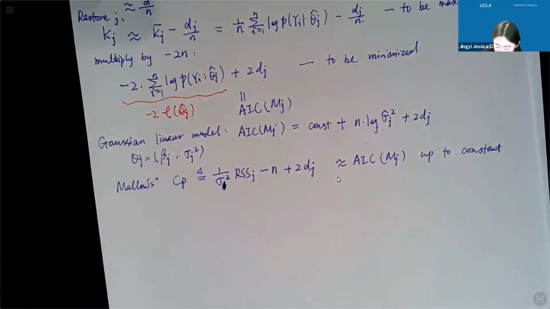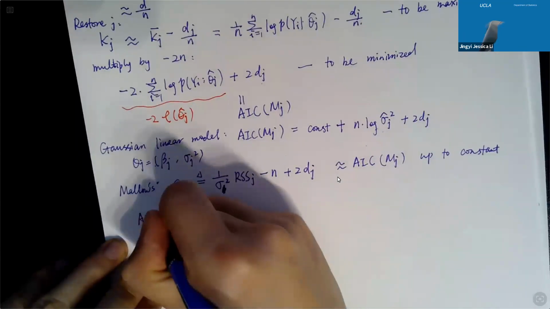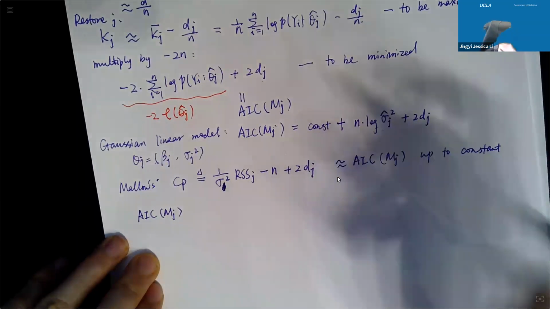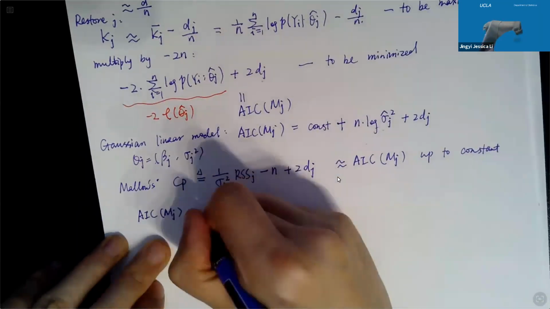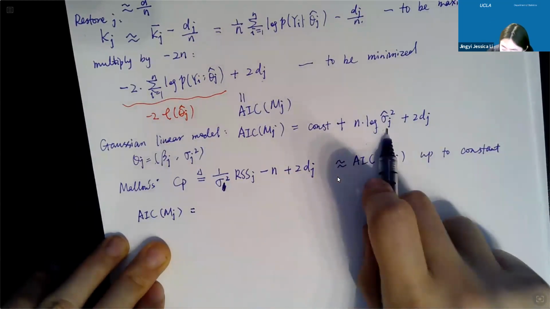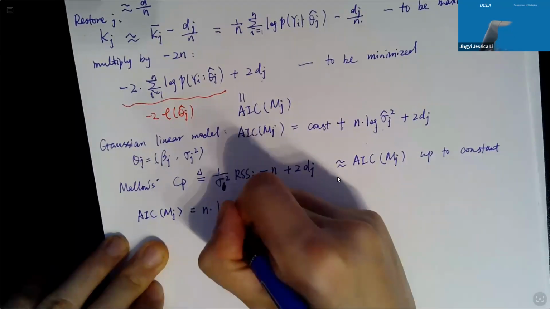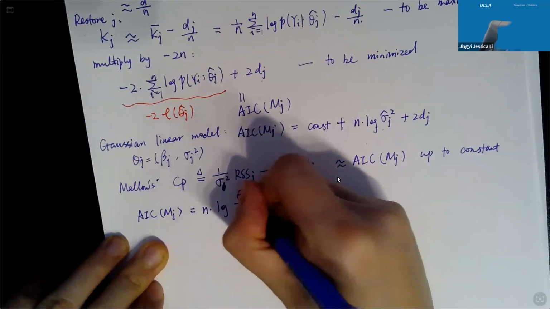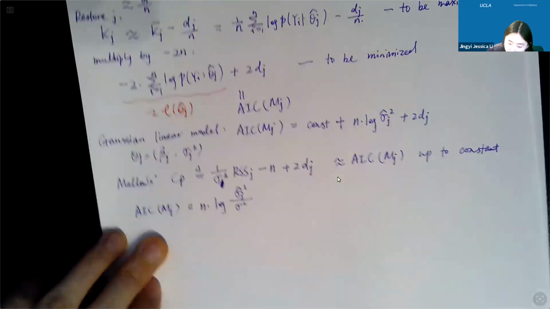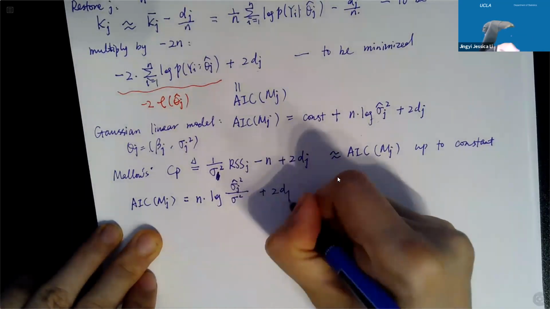That would be better. So then you see that just starting from AIC MJ, I ignore the constant. So what I can do is that I could just add a constant based on this. So I could write as n times log of sigma j hat square over sigma square, because sigma square is considered as known as the true variance, plus 2dj.